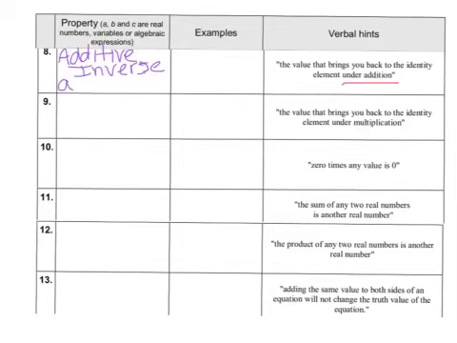So any number plus its opposite, so if it's positive, then plus its negative, equals 0. This means if you're starting with 3, you can add negative 3, and that'll bring you back to 0. If you're starting with negative 3, its opposite would be positive 3, and that would be its additive inverse.